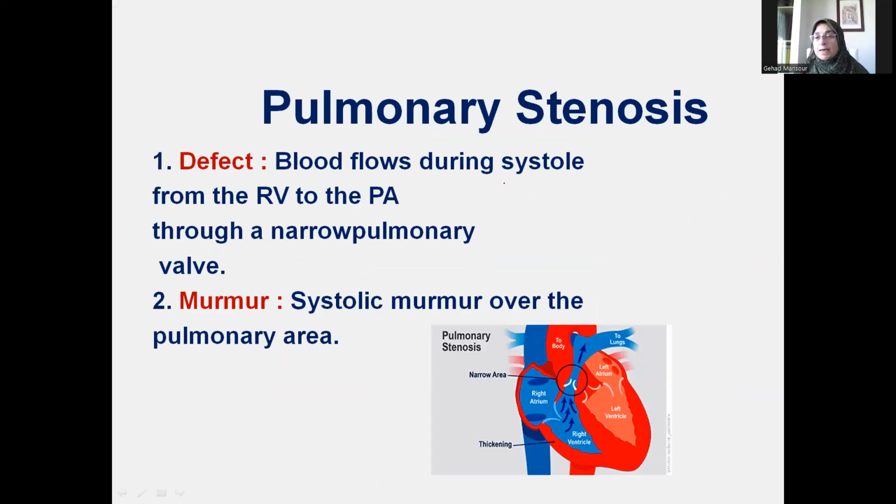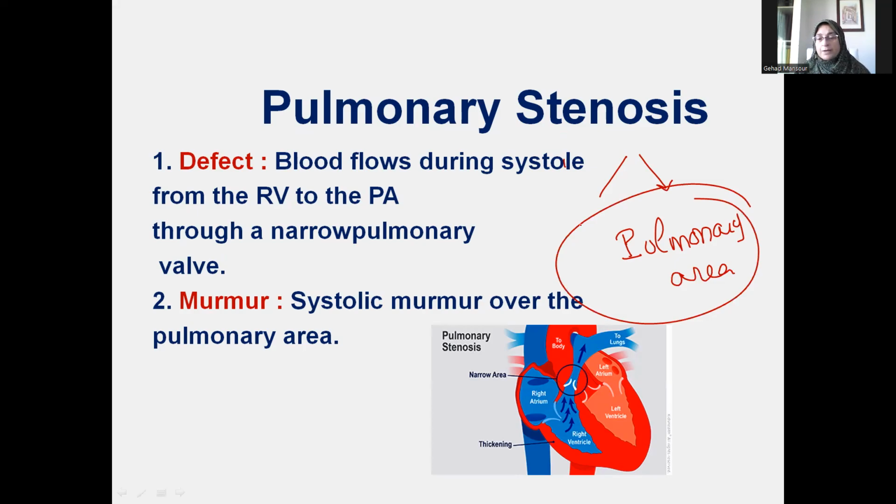Pulmonary stenosis, again, is due to a narrow valve. It is due to a turbulent blood flow, but it is a crescendo-decrescendo murmur, and the only difference is that it is heard over the pulmonary area, which is the second intercostal space to the left.